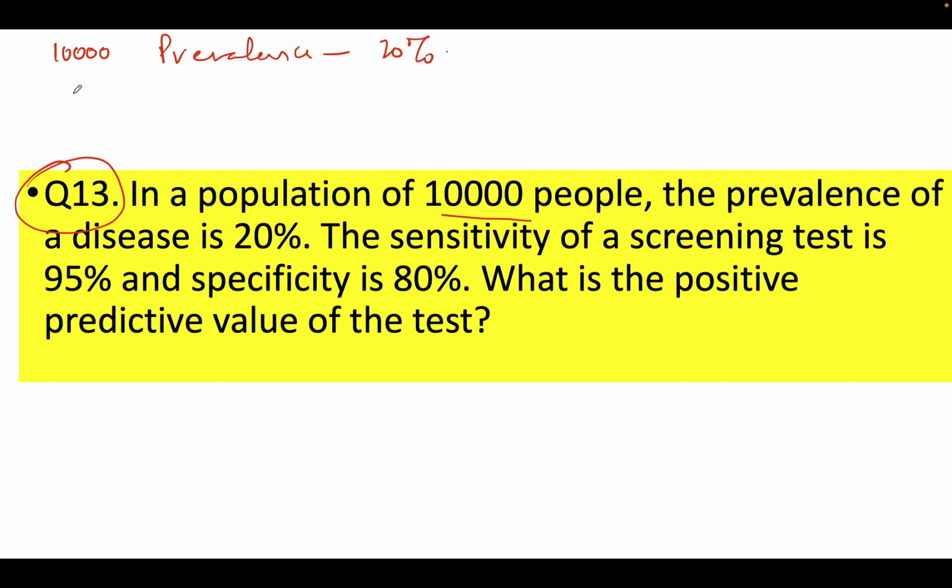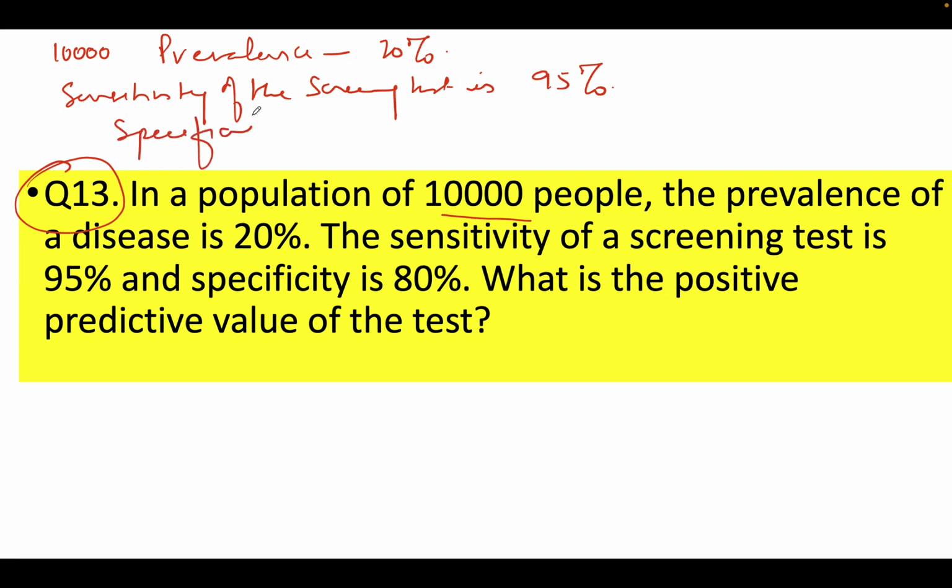Sensitivity of the screening test is 95%. Specificity is 80%. This is given in the question. So what is positive predictive value, which is PPV?